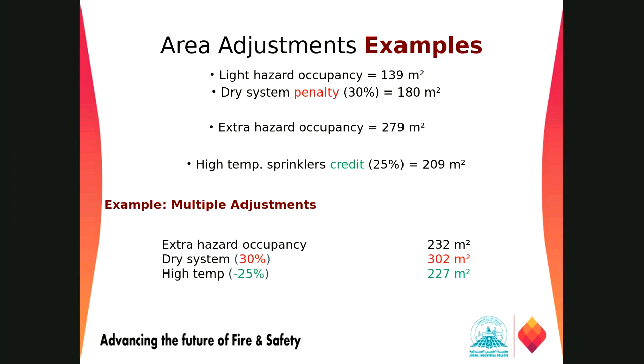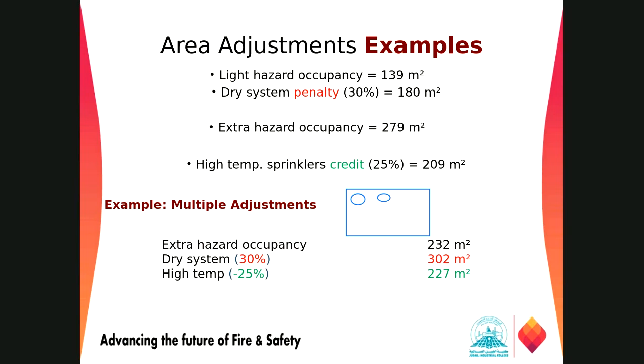Okay, so if we have high temperature sprinklers, in case of the fire, it will break only some sprinklers near the fire. The number of sprinklers breaking in case of the high temperature sprinklers and the number of sprinklers breaking in ordinary temperature sprinklers is different.